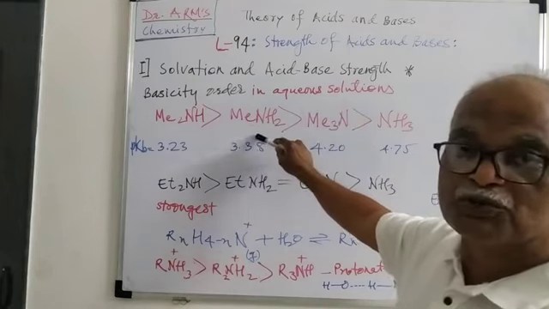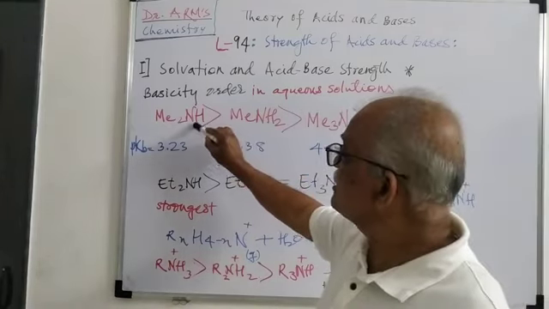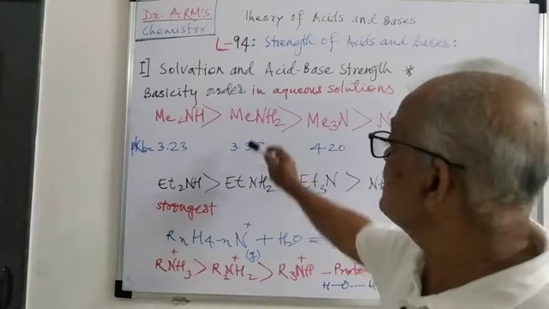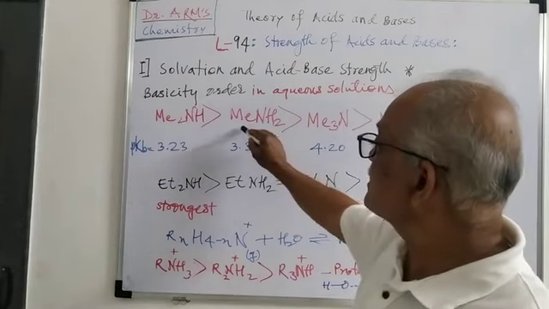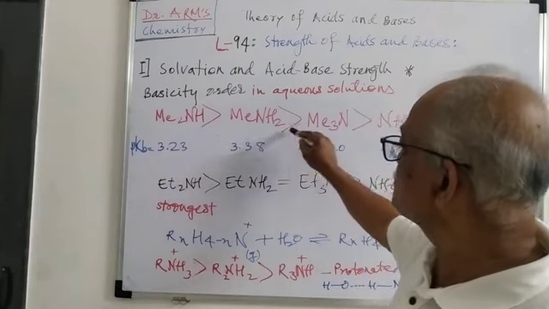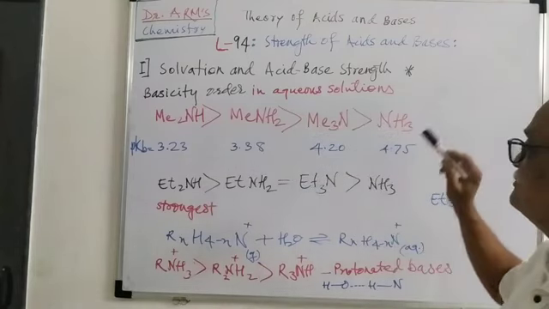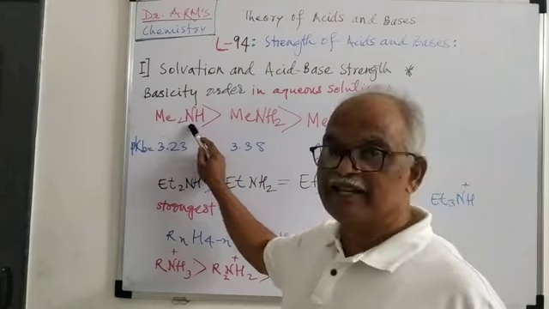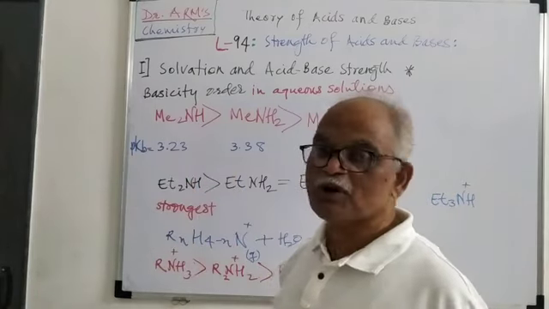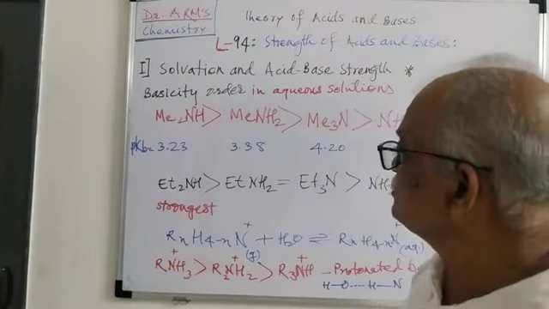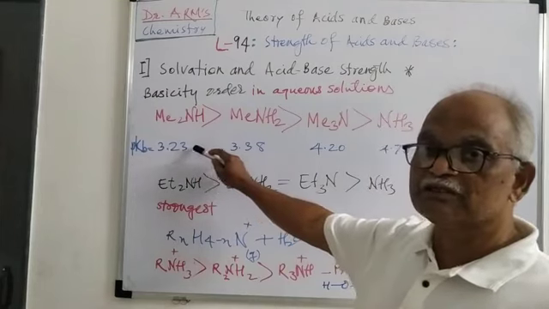This order shows that Me2NH is the strongest base in this series. Next to it is MeNH2, next is Me3N, and next is NH3. This strength is also considered in terms of the pKb values, which are shown here.